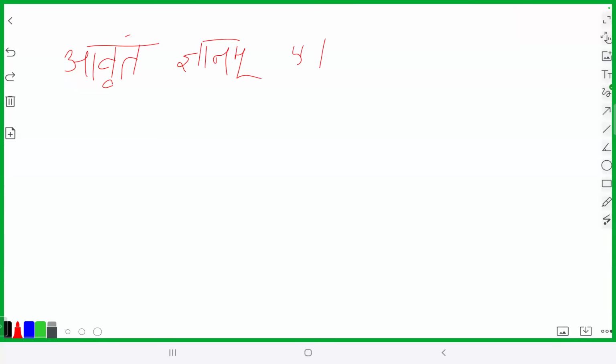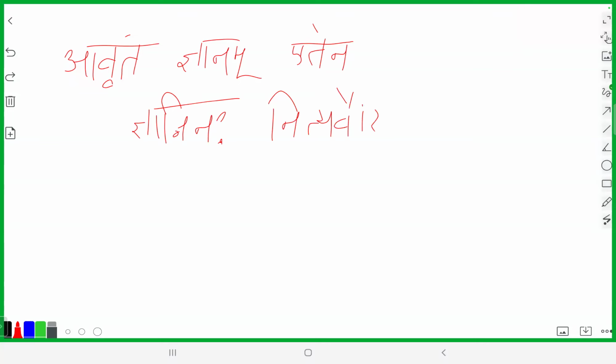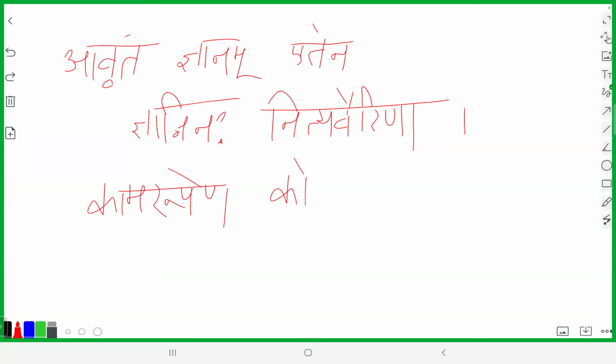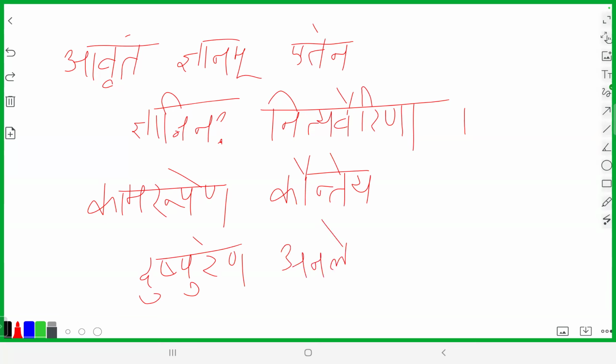Avritam jnanam etena, jnaninaha, nitya, vairina, kamarupena, kaunteya, dushpurena, analena.